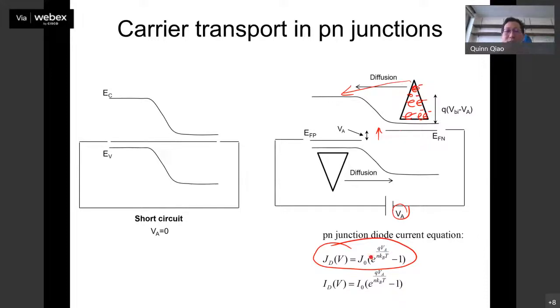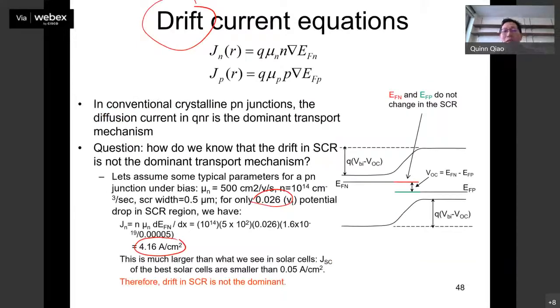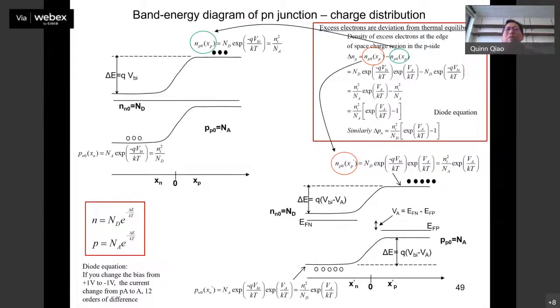So if you look at this diode current, the diode current here is a constant times exponential something minus 1, right? I want you to remember this format because later, when we use this carrier density to develop similar equations for the diode, you will see there's a similar format, okay?